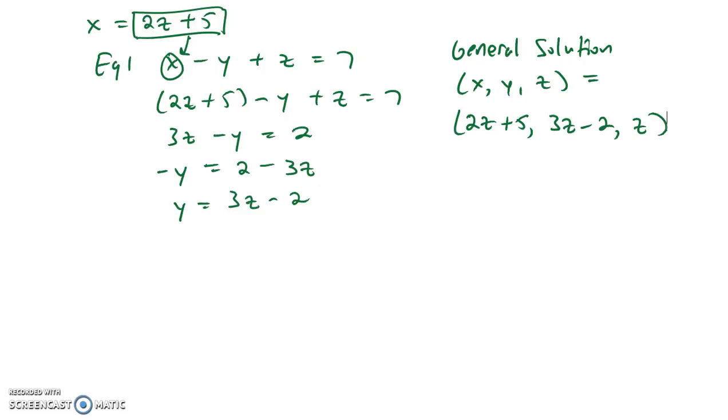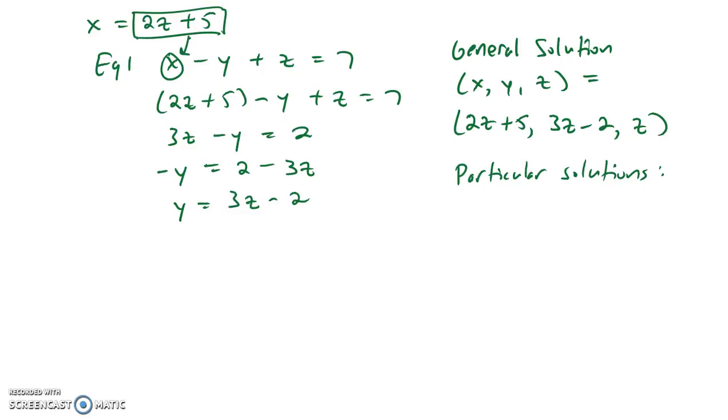Well, to see this, what we can do is list what we might call particular solutions of the system of equations. And these would be specific numerical ordered triples that satisfy the original system of equations. We can obtain these by choosing really any values we wish for z and substituting them into our general solution.